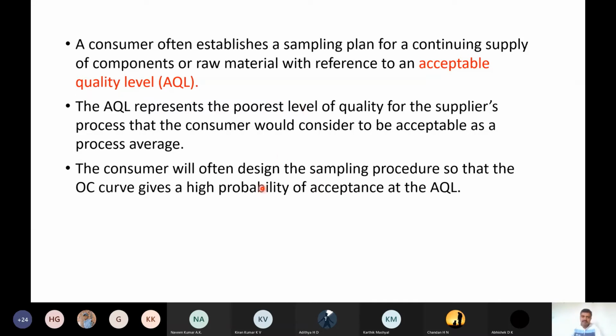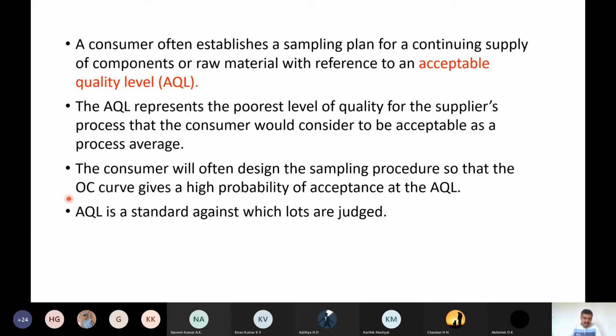That means most of the time it should be accepted. Suppose consumers started rejecting components which are supplied at acceptable quality limit, that doesn't make any sense. That will have a negative impact on the relation, and then the supplier will stop supplying components.